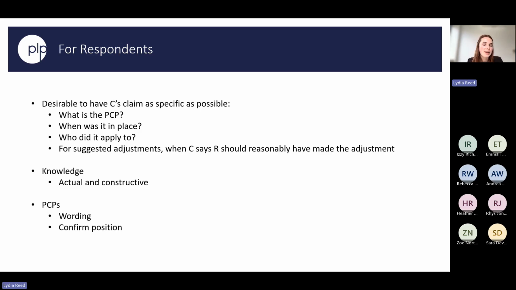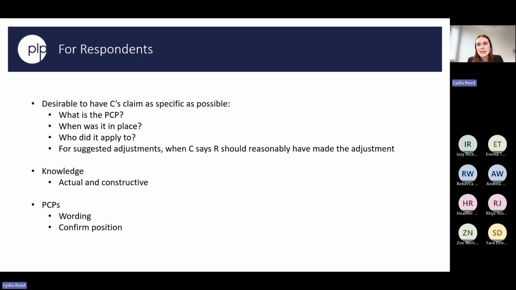But if you essentially get the first draft at what the PCP might be, that's likely to help you, because it's probably possible that the claimant's substantial disadvantage and suggested adjustment won't all fit neatly. And as we've discussed, that's really key for a successful reasonable adjustments claim.